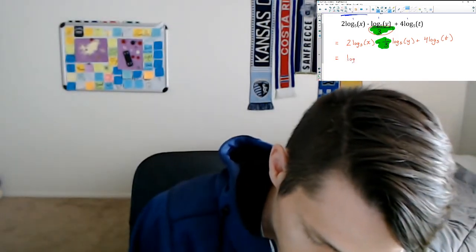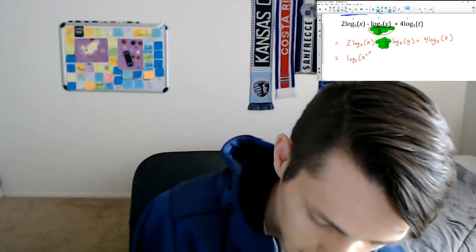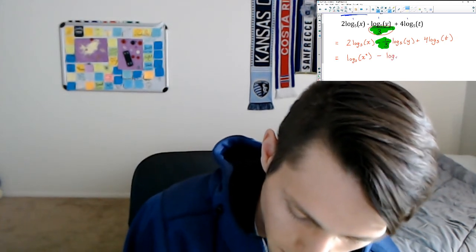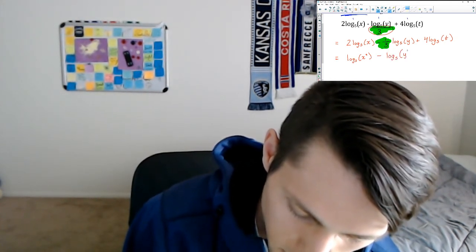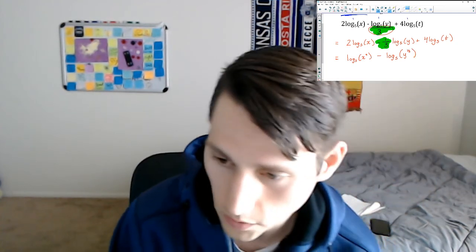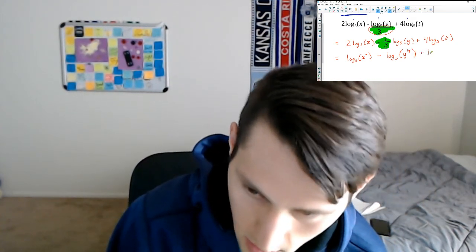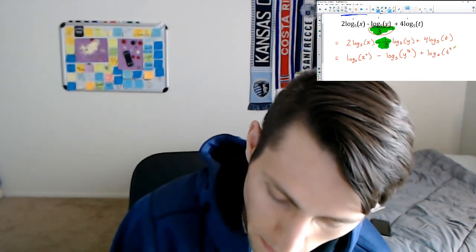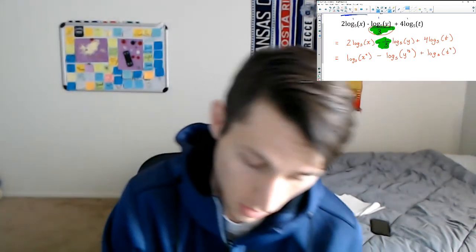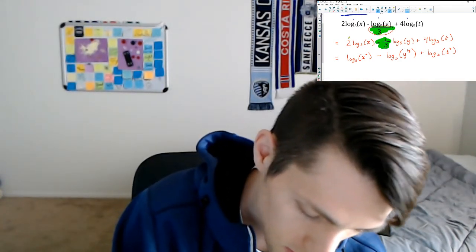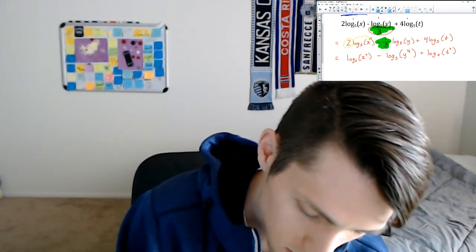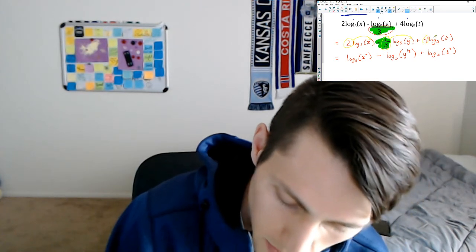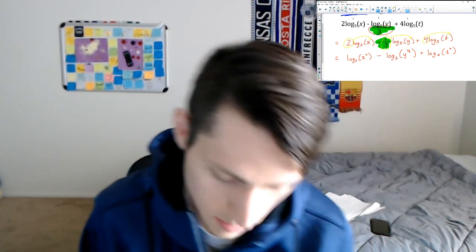So log base 5 of x squared minus log base 5 of y to the 1/3 plus log base 5 of t to the 4th. Okay, so again, I just took all of these coefficients and moved them up into exponents.